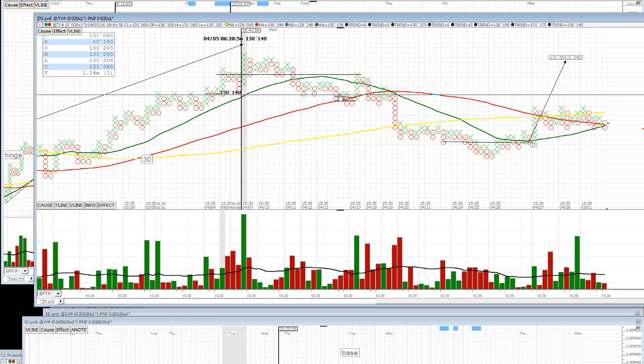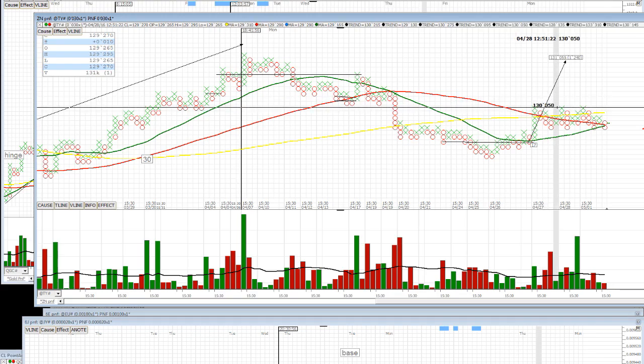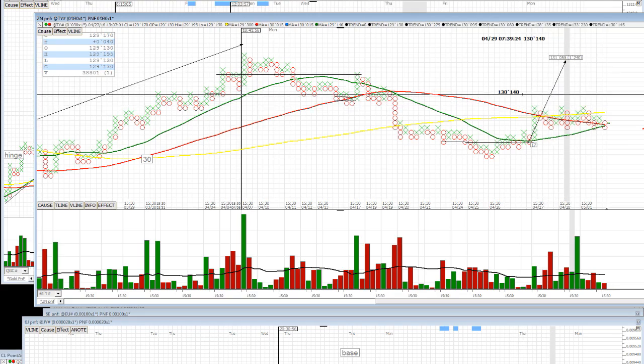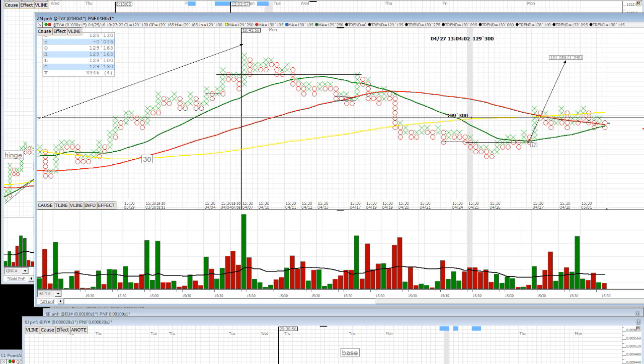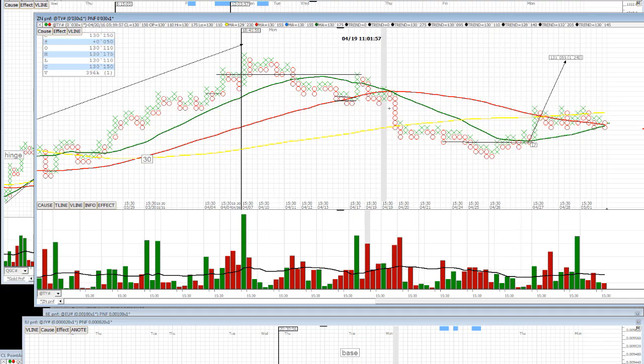Why? Because there was distribution and a breakdown, and this looks like a test of that breakdown. Again, your PNF targets are absolutely useless when it comes to counter trending and testing of untested breakouts.